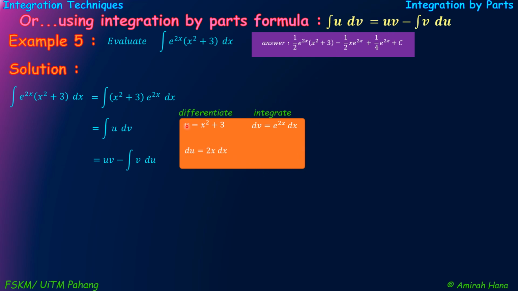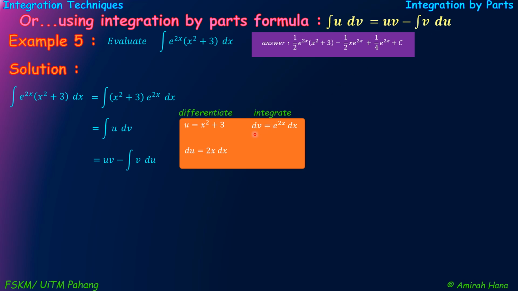When we differentiate u with respect to x, we get du over dx, and that equals, we differentiate x squared plus 3, 2x. The dx here comes from over dx on the left hand side, but we must move it to the right hand side because we need to write du as the subject, since we want to substitute into this formula.